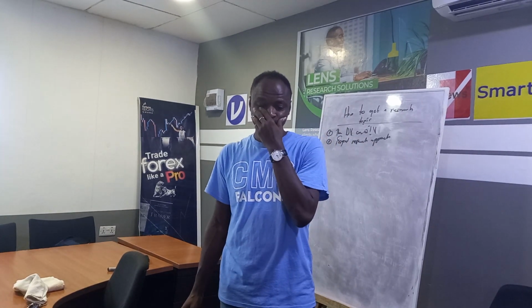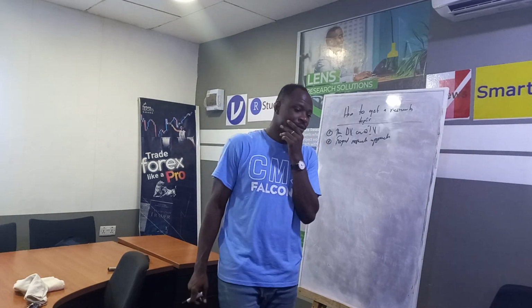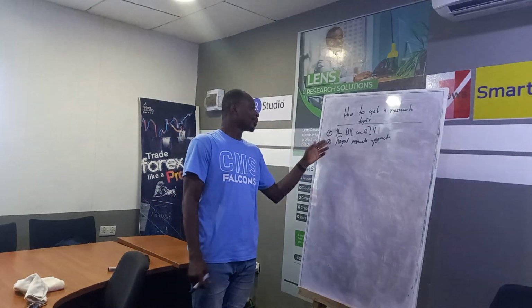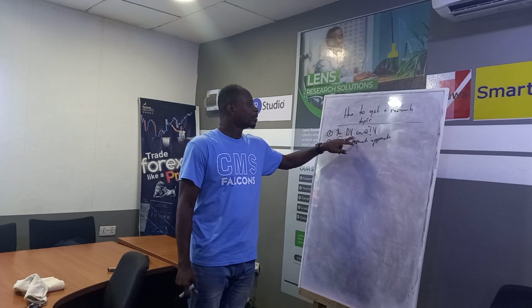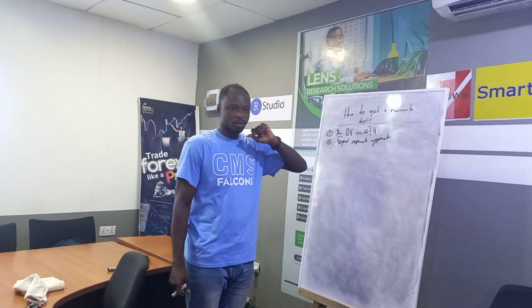Now, we are saying that when you come up with a topic, if people read, they should be able to know that it is qualitative or quantitative research. They should be able to identify that. And the ability to really identify that is based on how you state the dependent and the independent variables.